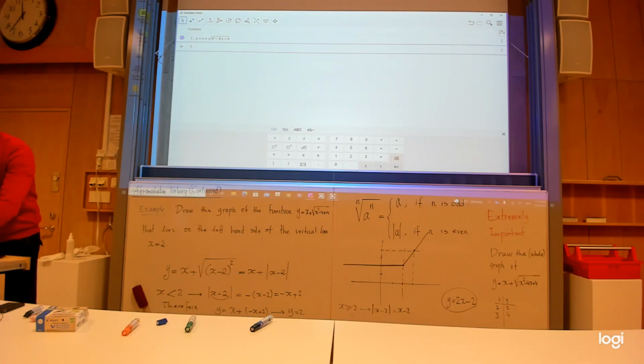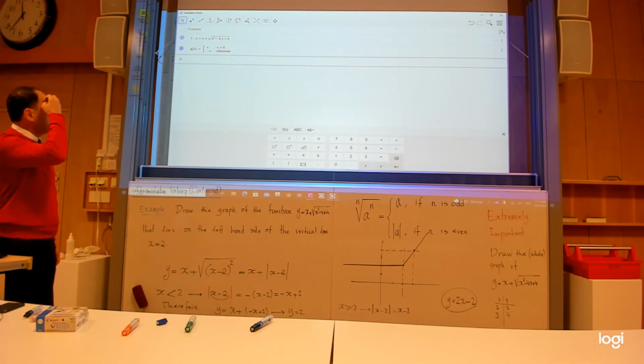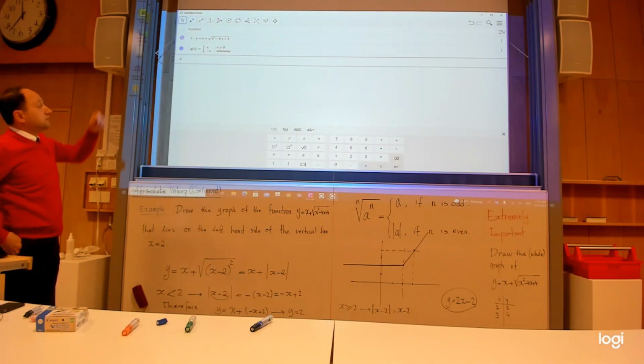Let me make it simpler so that we understand. If x is positive, I will consider it as x. Otherwise, I will consider it as minus x. So, yeah, you see, this understands. Hussein, do you see? This way of writing is if.